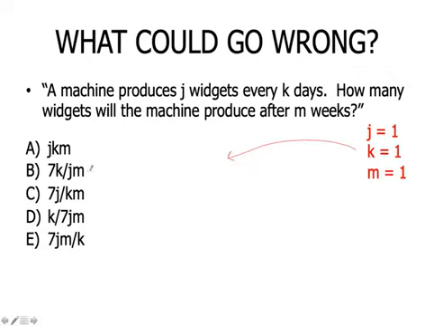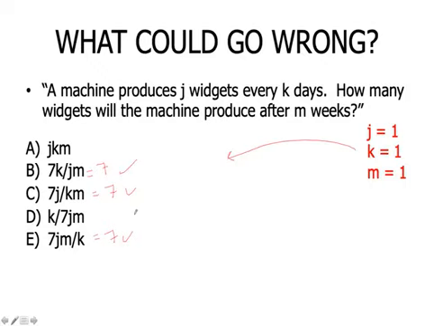So I plug it in for B, then 7 times 1 divided by 1 is 7. If I plug it in for C, then it's 7 times 1 divided by 1, also 7. And then if I plug it in for the variables in E, then it's 7 times 1 times 1 divided by 1, 7. So I have 3 correct answers, and I don't know which one is the correct answer.